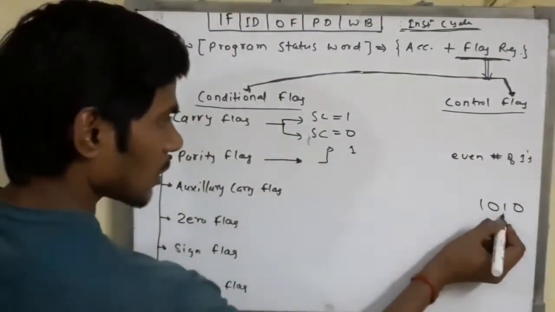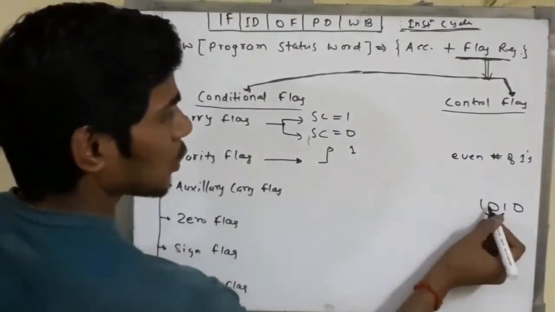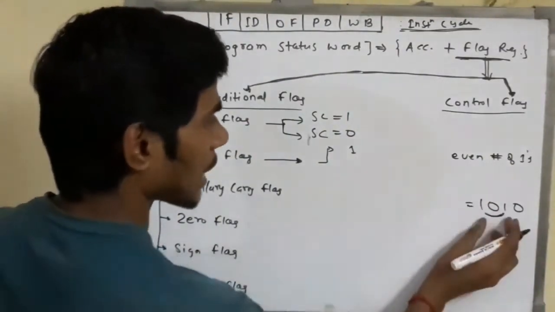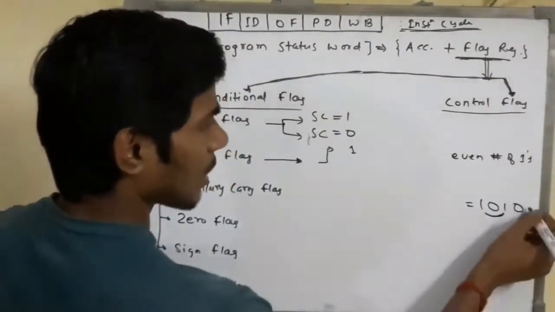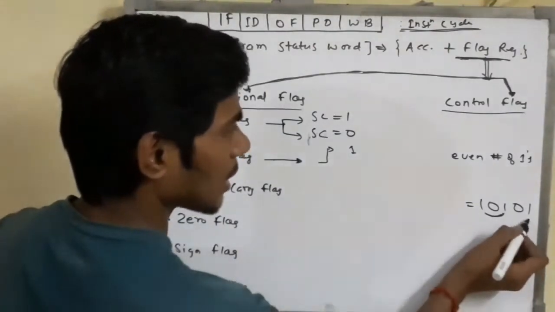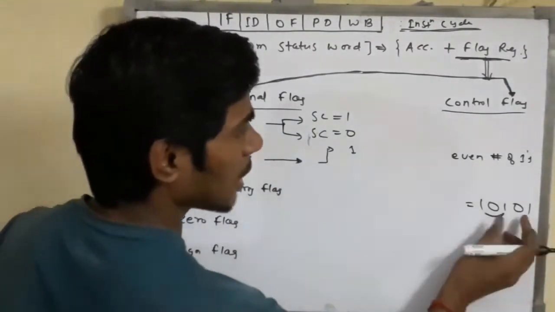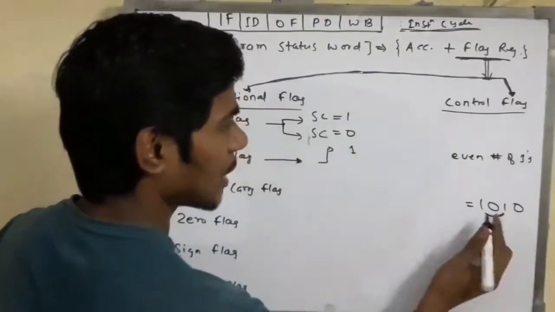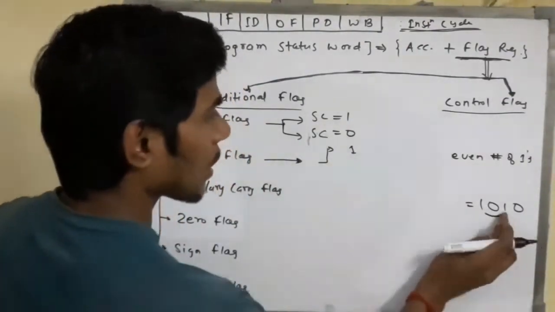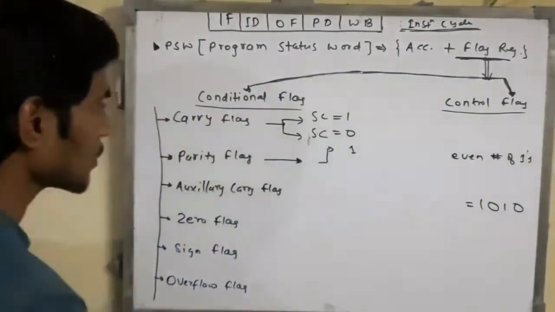It has number of 1s: 2. The number of 1s is even. If this is the scenario with 3 number of 1s, then the number of 1s is odd. If not, then 2 number of 1s means the number of 1s is even.